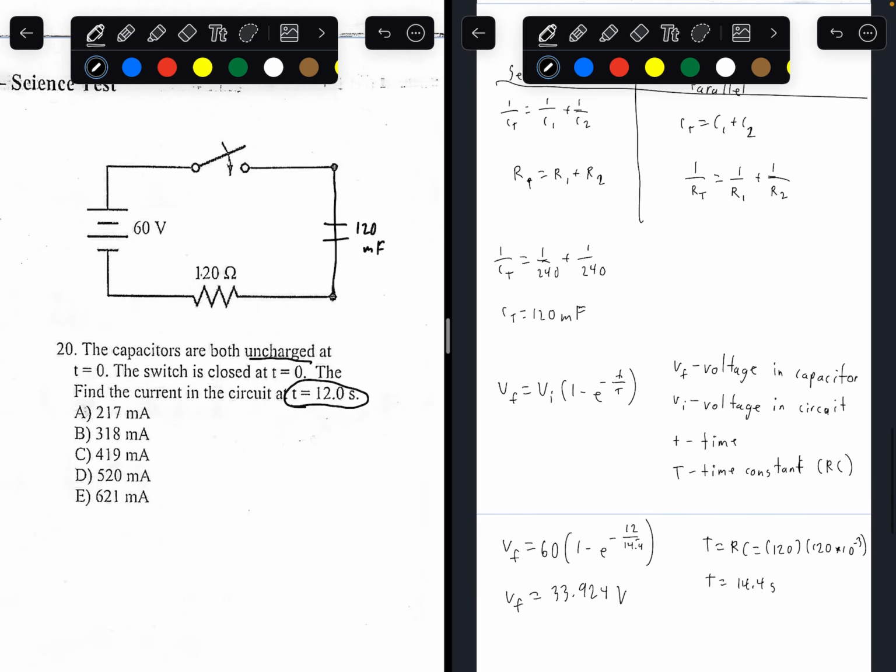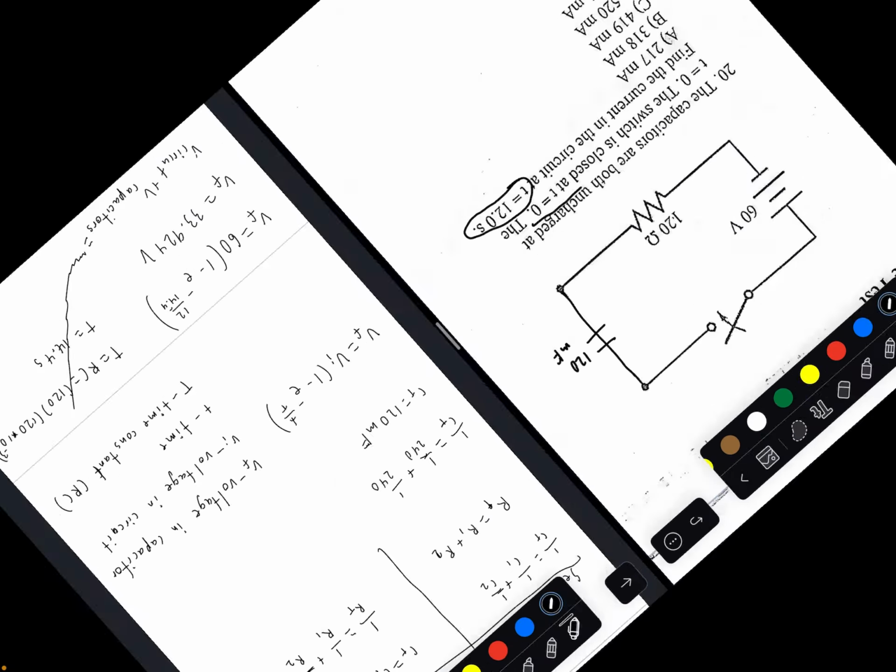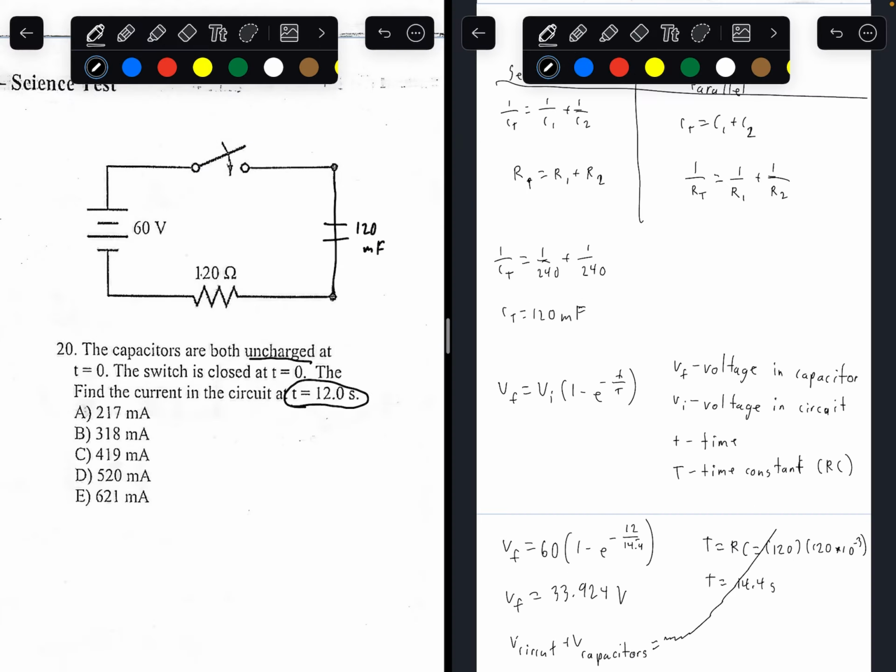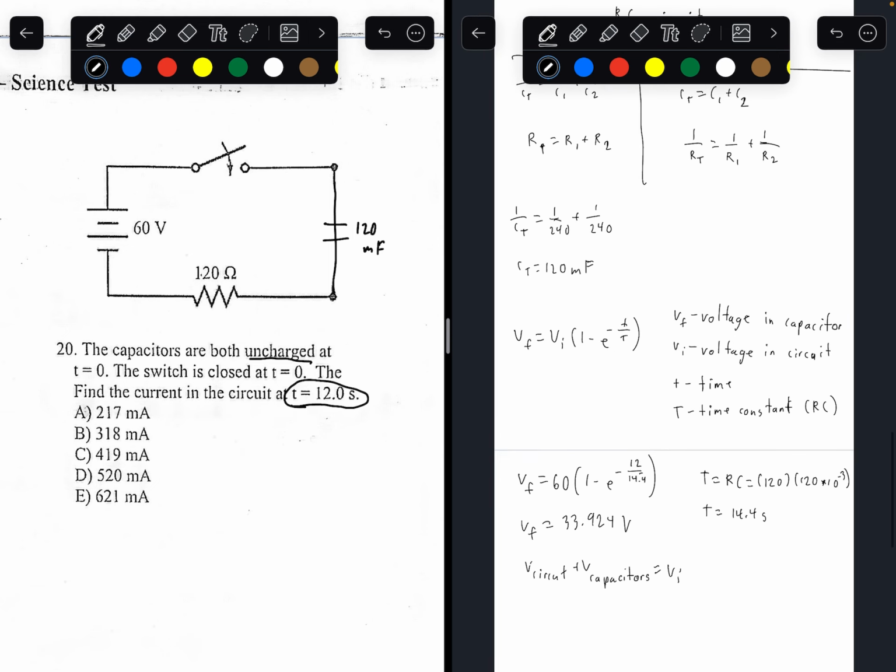Well, we know the voltage in the circuit plus the voltage in the capacitors equals the initial voltage. We're trying to find the voltage in the circuit.